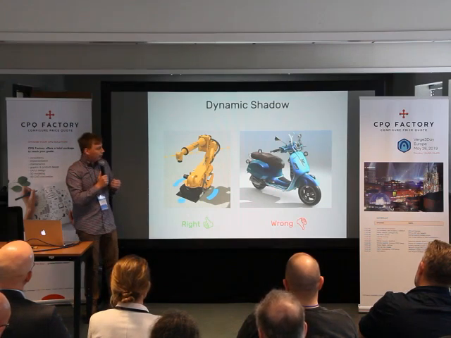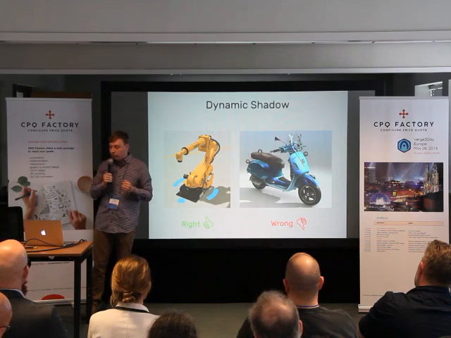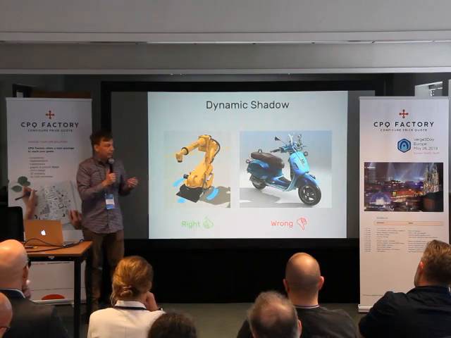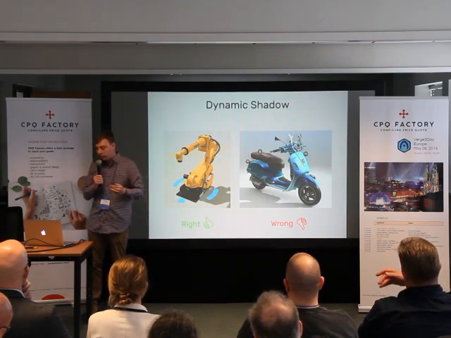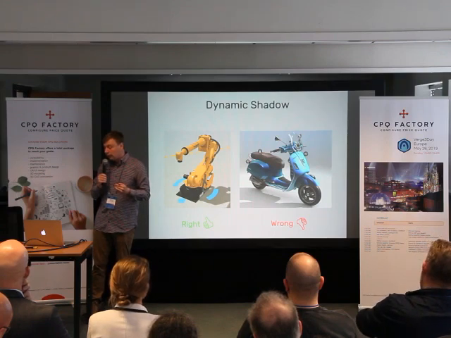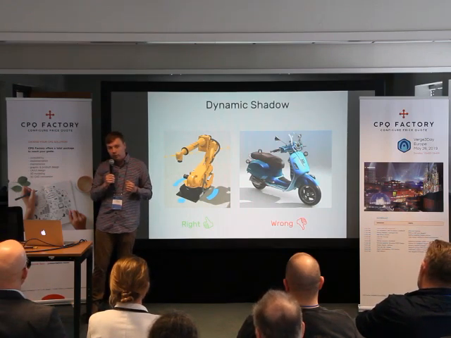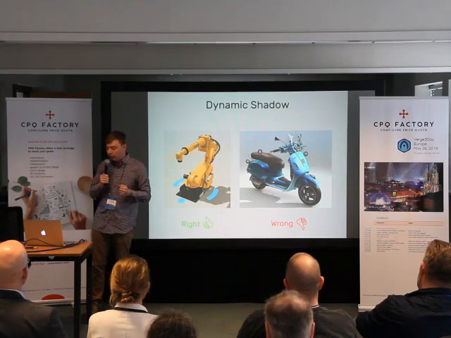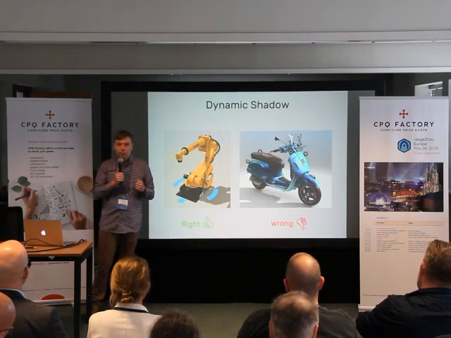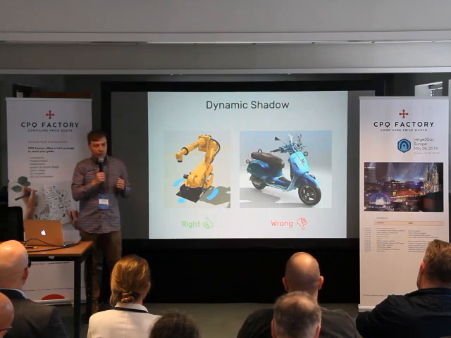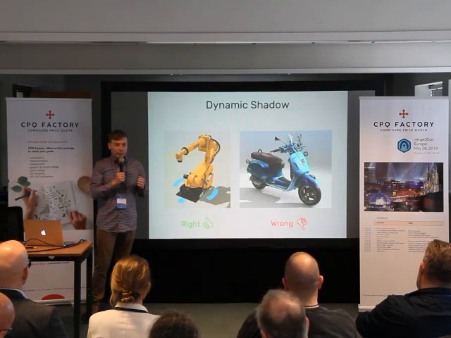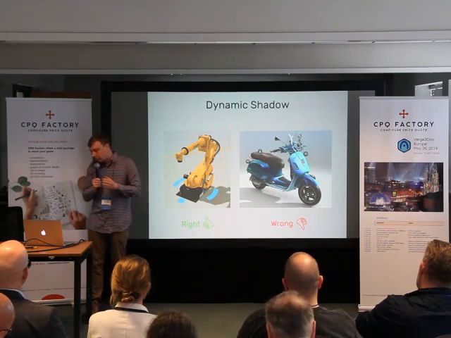And on the right you can see the scooter demo with a shadow. You can't rotate the scooter around its axis, and most of the details are hidden by this shadow. So for this 3D scene, it's better to avoid dynamic shadow. It doesn't help, it interferes.